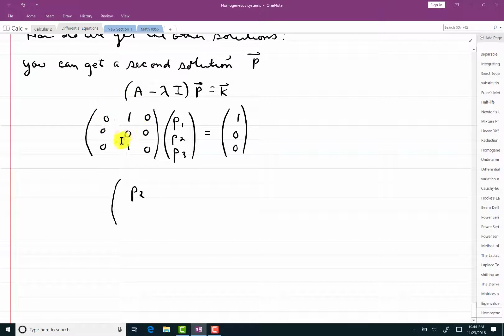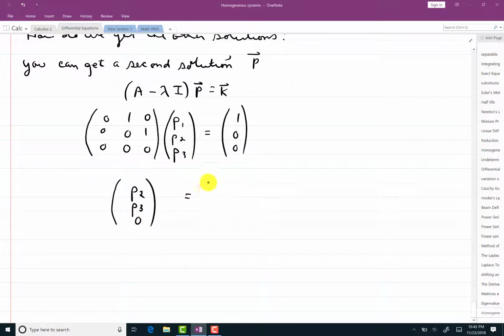For the second row, when I multiply it all along here, it's 0 times everything. It just zeroes out. And then finally, when I multiply the last row by this column vector, I'll get 0 times P1, 0 times P2, so I'll get 0, 0, 0.